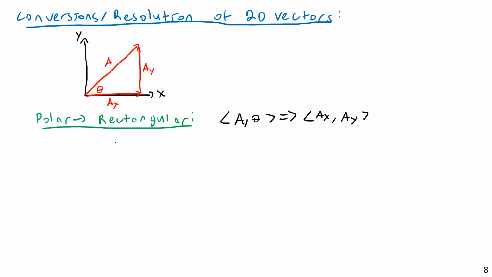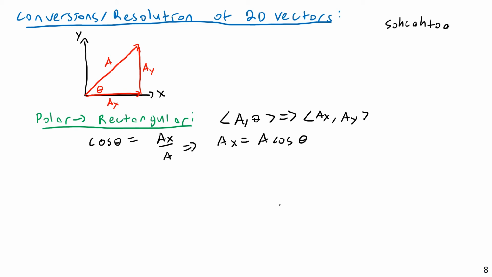I can start by just applying some basic trigonometry. If I calculate the cosine of theta, well, I remember my trigonometry, I remember SOHCAHTOA, so I know that cosine is equal to adjacent over hypotenuse, and that's going to be ax divided by a, or simply, of course, our classic ax is equal to a cosine theta.